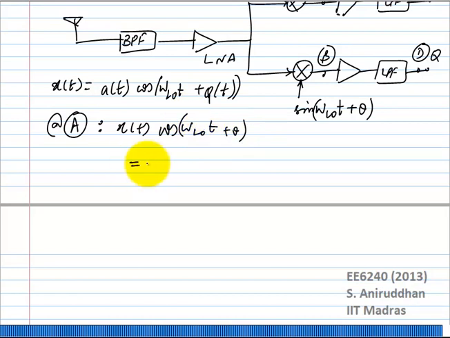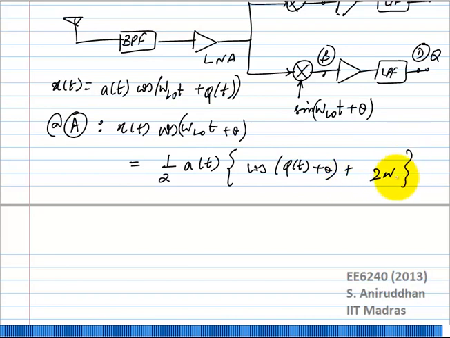Okay, so this gives you half A of t cos(phi of t minus theta) plus the 2 omega LO component, right? And the minute you low pass filter and so on, this component is gone.